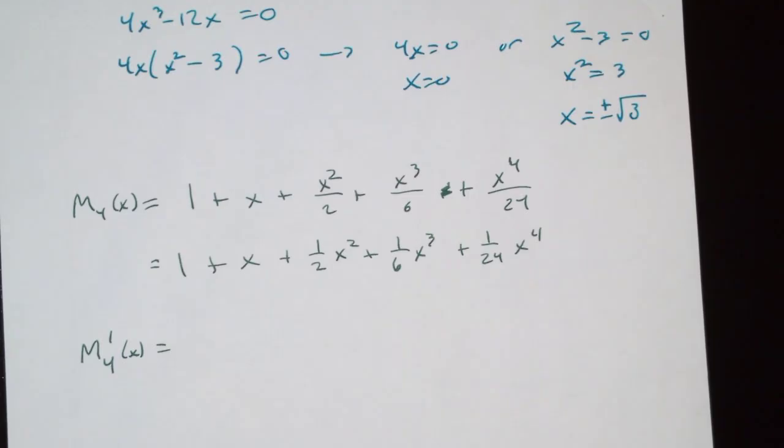Now, I will freely admit I did something deliberately weird here. Normally, when we write a polynomial, we put the highest power of x on the left and work our way down as we go to the right. In this case, I put the lowest power on the left, and I worked my way up as I went to the right. It's just a change in the way you write them, increasing order of power rather than decreasing order of power.